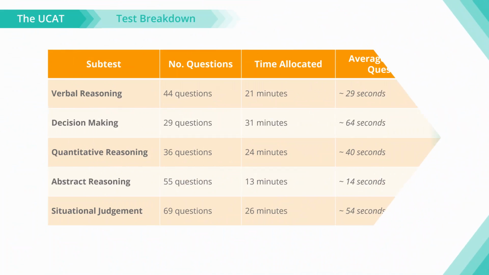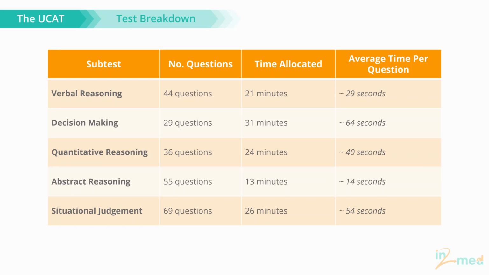There are 5 different subtests in the UCAT, each with a unique number and type of questions and a unique time. Although the entire test is 2 hours long, you can only spend the allocated time on each subtest. That is, even if you have 5 minutes to spare in verbal reasoning, you cannot transfer that time to the next section.